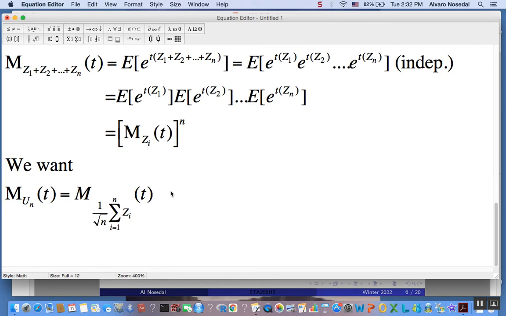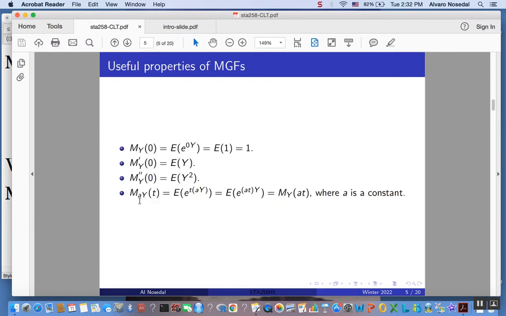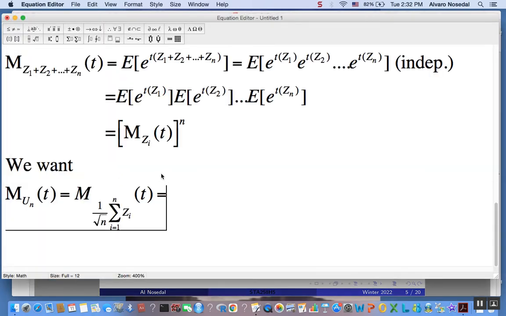Okay, but now let's see those properties that we mentioned. If you evaluate the MGF of a constant times a random variable y at t, it is the same as the MGF of just y evaluated at a times t. So we already have the MGF of the sum of the zi's, and it's this guy. But we want to evaluate not that guy, but a constant times that.